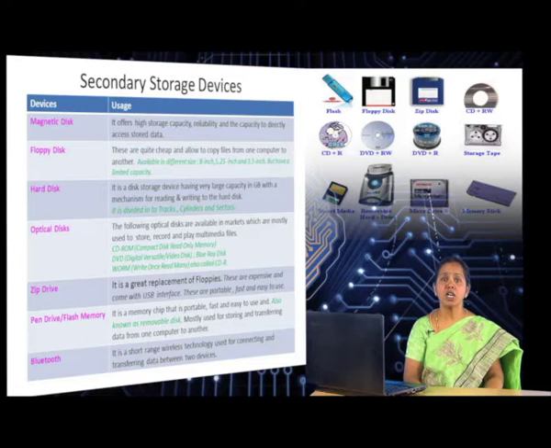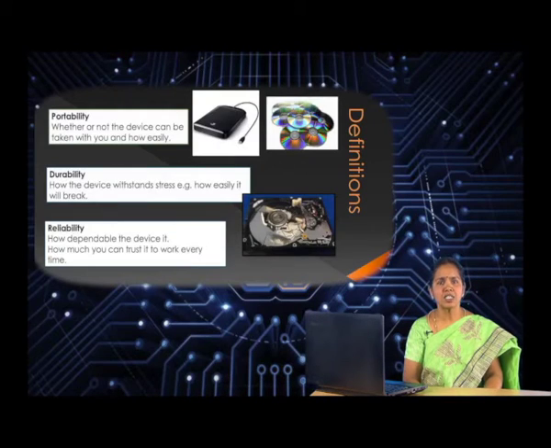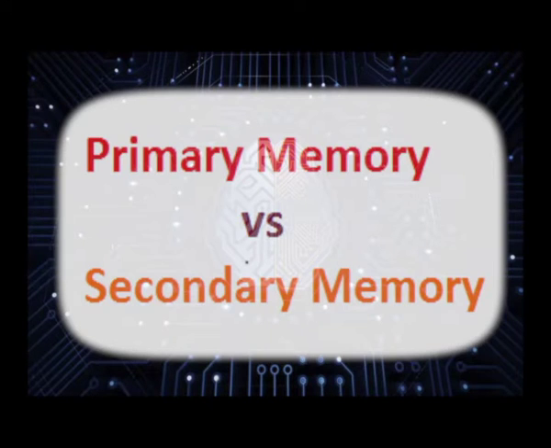Remember that a lot of secondary storage devices need to be portable. The next feature is durability. It means how long the storage media can be reasonably expected to last. Finally, we have reliability. This refers to whether the data can always be accessed reliably and in the format in which it was saved.